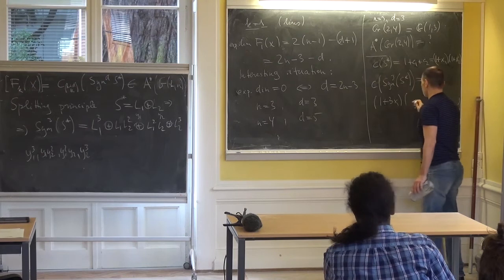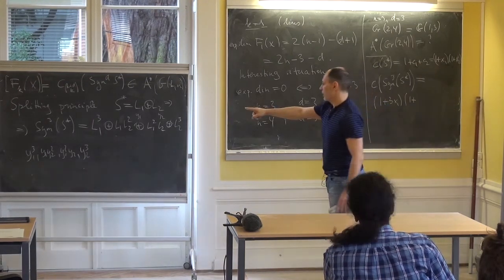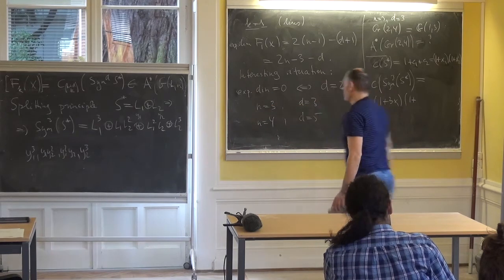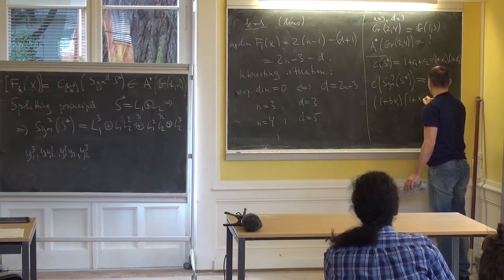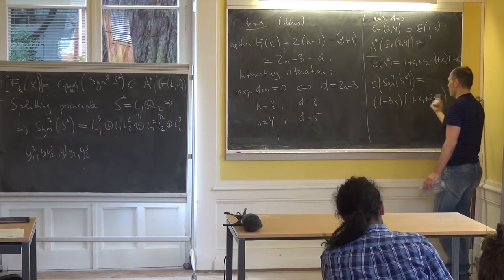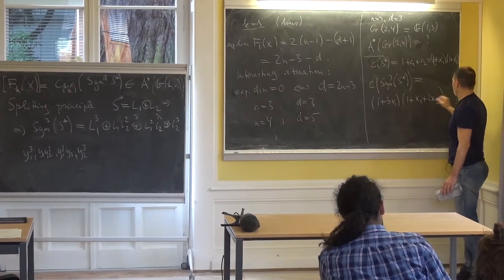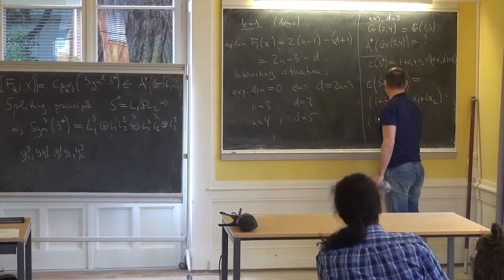The next one is going to be 1 plus, and then you look at x1 plus 2x2, 1 plus 2x2. The Chern class is added when you take tensor products of line bundles, as you know.